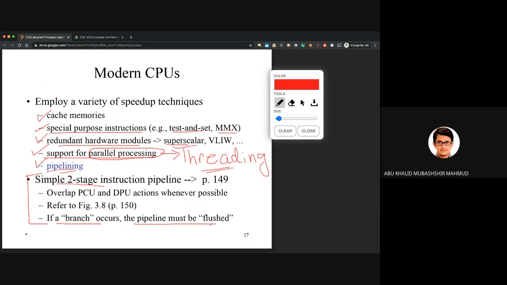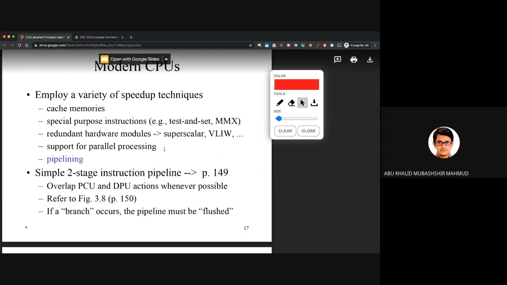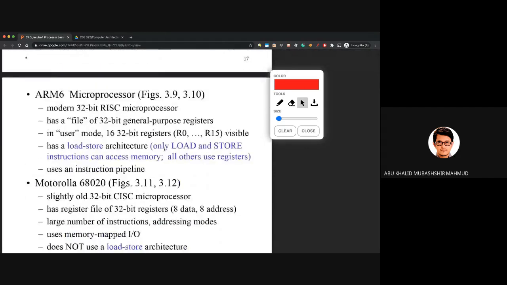That is, we encounter some subroutine or some branches or some go tos, go to a specific portion in the program, etc. The pipeline is completely destroyed, flushed, and it needs to be set up again. So that is what is going on in here.